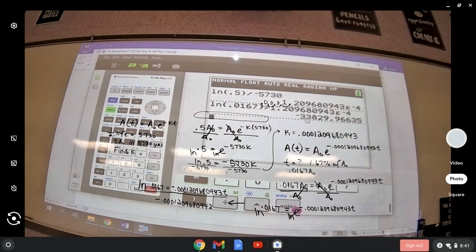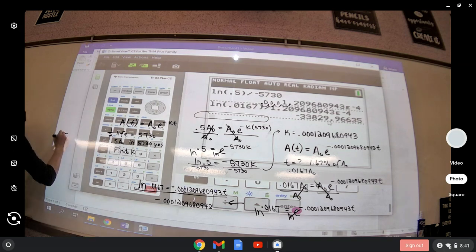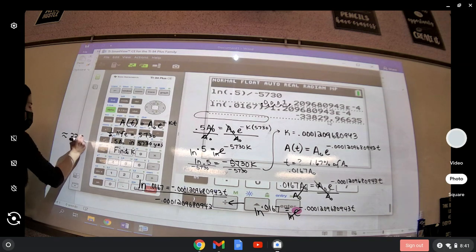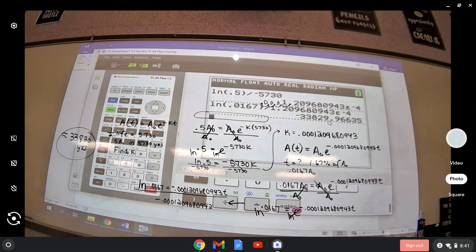But the age of it, I would round to about 33,830 years. I'm going to round it to a whole number. So it's approximately 33,830 years old.